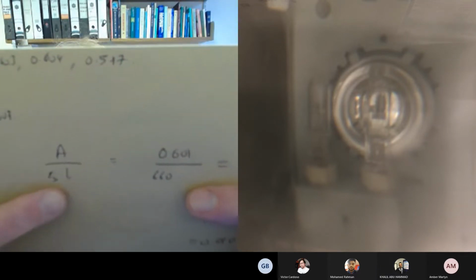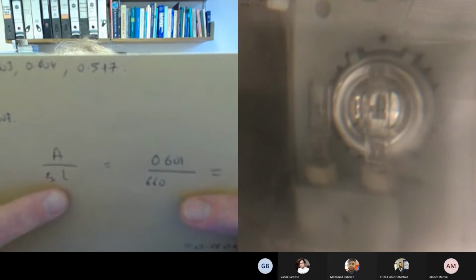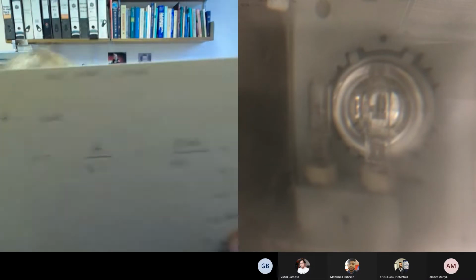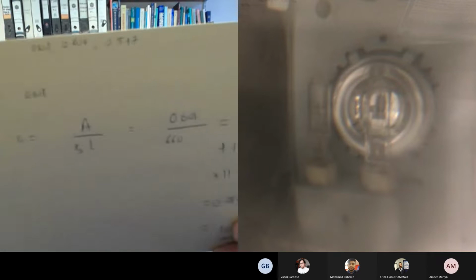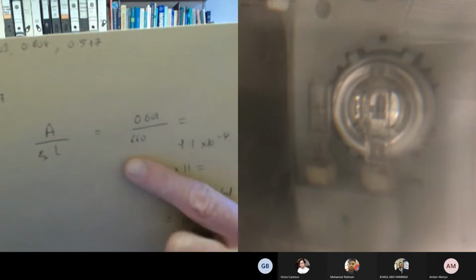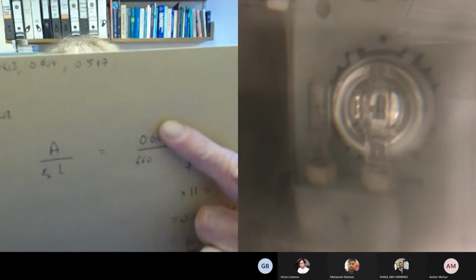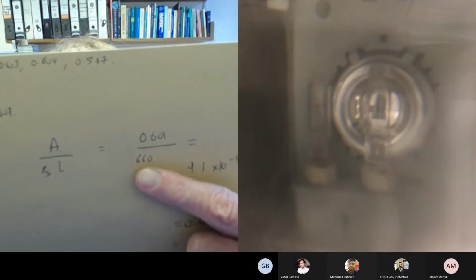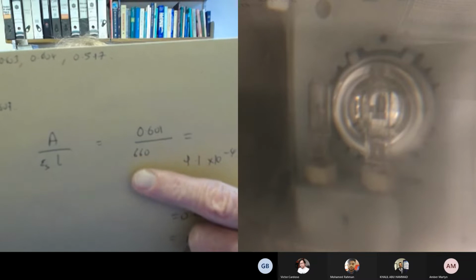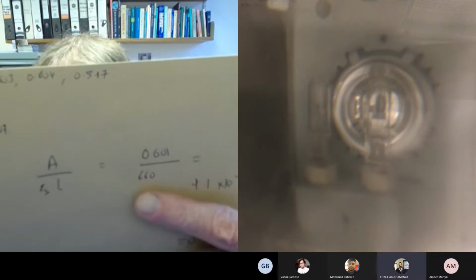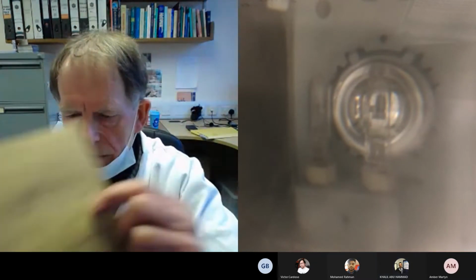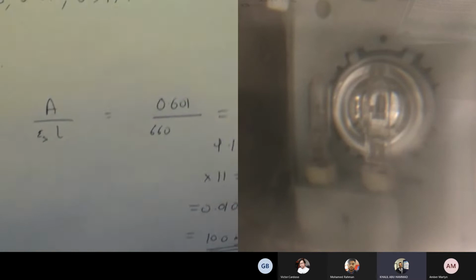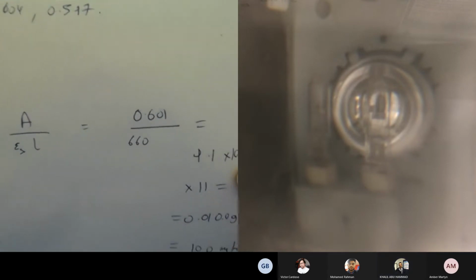The path length is 1 centimeter, and the extinction coefficient is 660. So it's that number divided by 660, which gives 9.1 times 10 to the minus 4, in units of grams per mil.